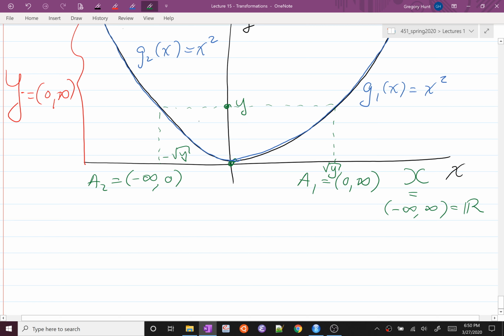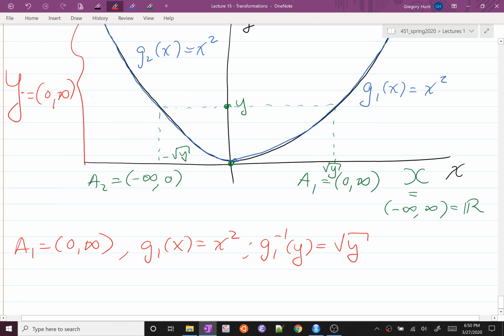What this means is that my two functions are going to have different inverses. So let's just write this all out. A1 is 0 to infinity. g1 of x is x squared. And g1 inverse of, what typically we write as y, is the square root of y, right?